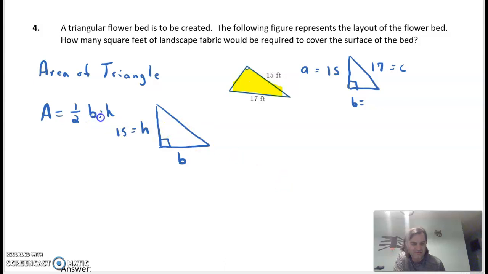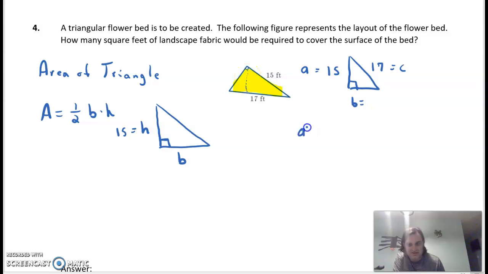So when I say 1/2 base times height, I need to orient that so that I have my right angle in a corner. Okay. Because if I look at this thing the way it's drawn, the height is not either one of the sides, so I can move it around to make that happen.